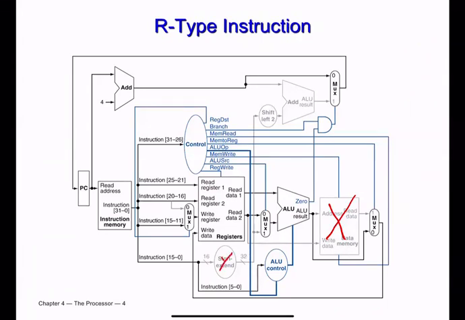Also, I'm not doing any sign extension because I'm not dealing with the first 16 bits address at all with an R type. So I don't need that particular component, although I have already included it in my design. But as soon as I see an instruction of R type, I'm just neglecting this component. I'm not using it. And of course, my code has to reflect these kinds of things.